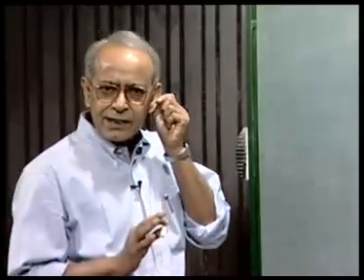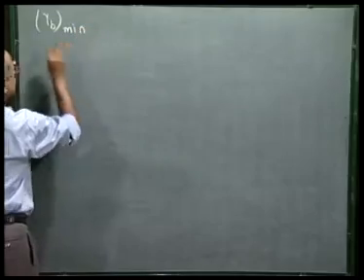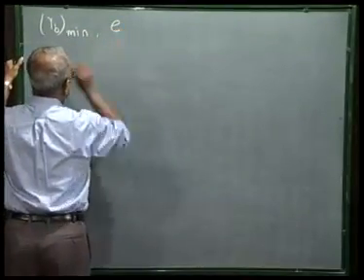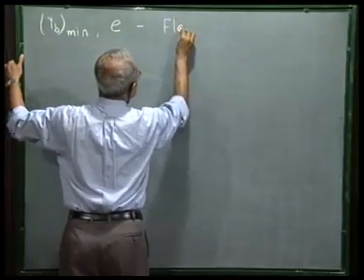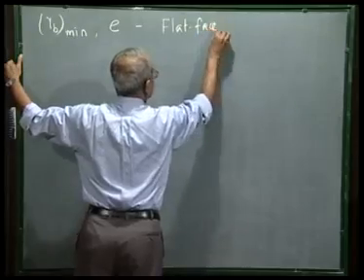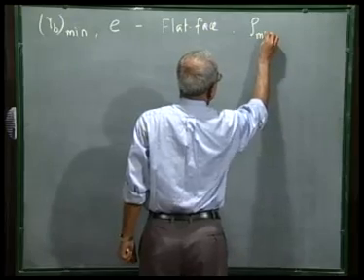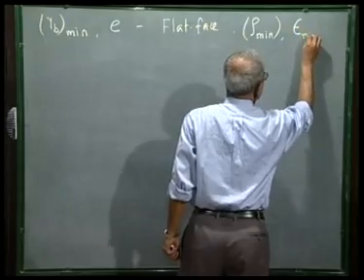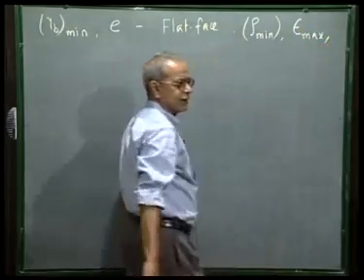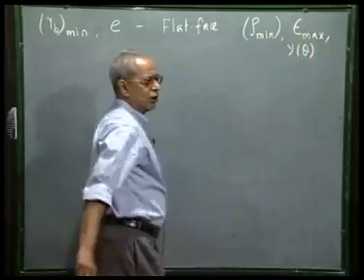So, our next task is to determine the RB minimum, that is the minimum value of the base circle radius, and the offset that we can use for a flat face translating follower when the minimum radius of curvature of the cam profile, the maximum eccentricity of the driving effort and the desired follower motion are all prescribed.